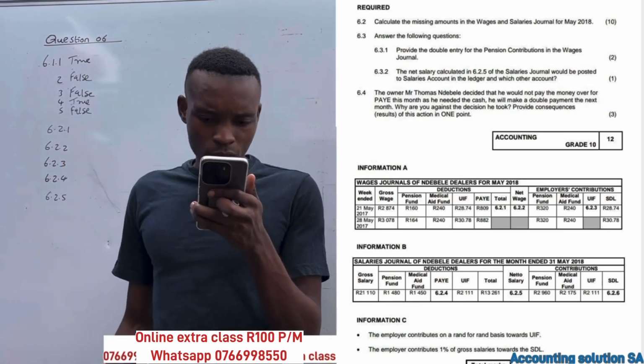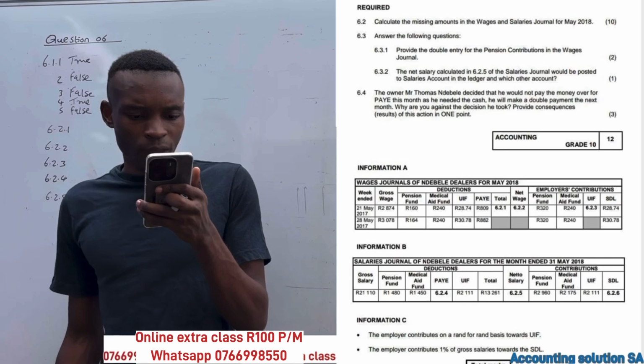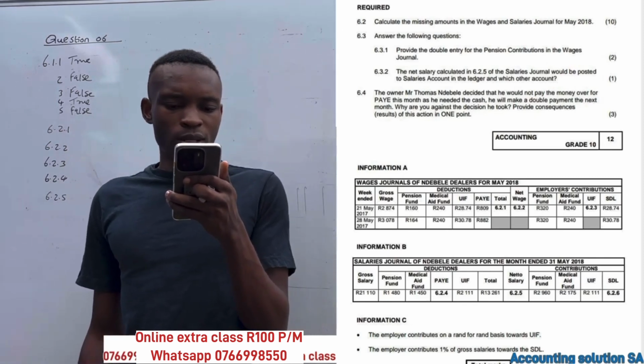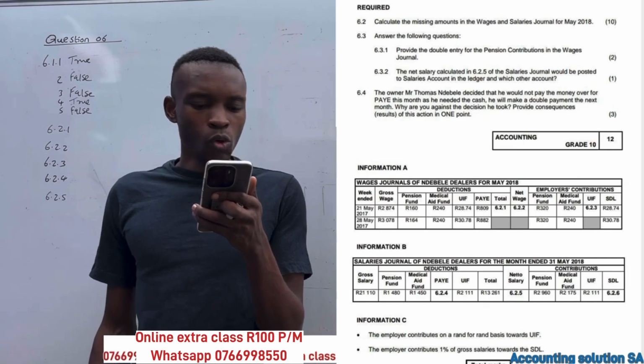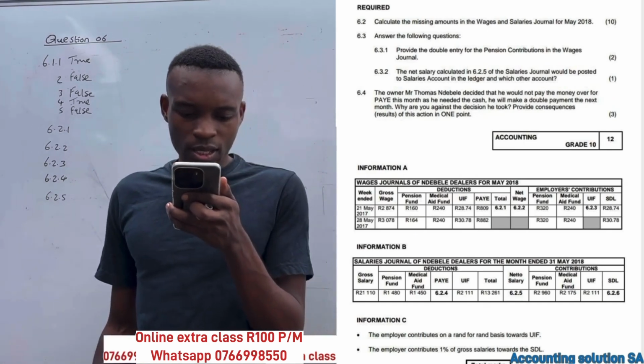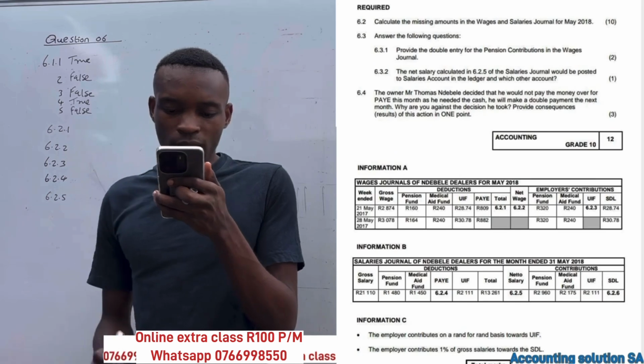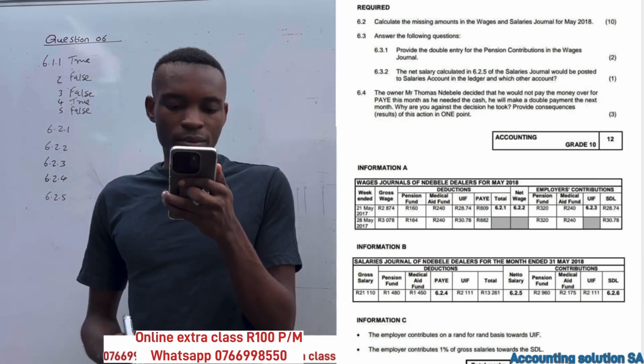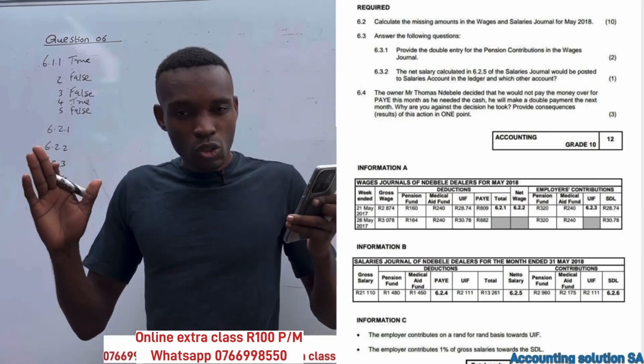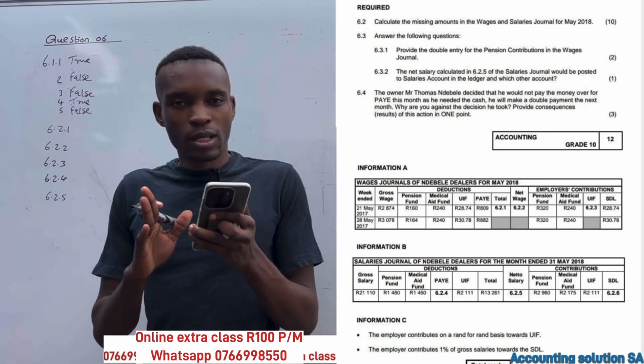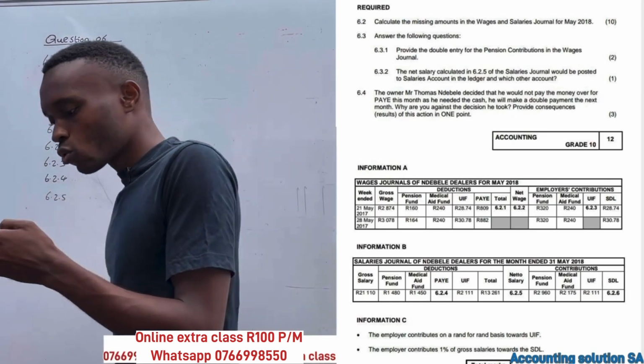Okay, let's look at 6.2.1. It is the total under information number A. They are looking for the total of deductions. The deductions that we have in this case are pension fund, medical aid, UIF, and pay as you earn, which means that we must get the total of those 4 items, so we have to add them together.